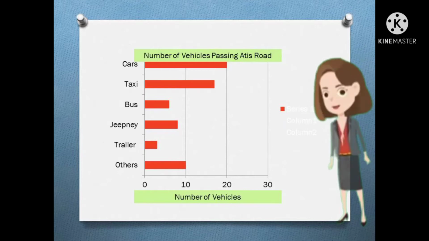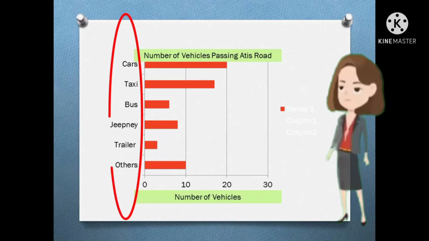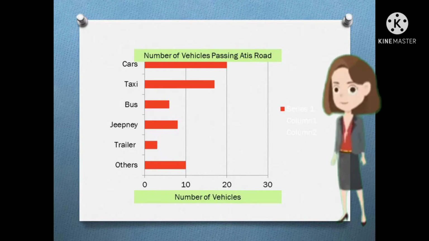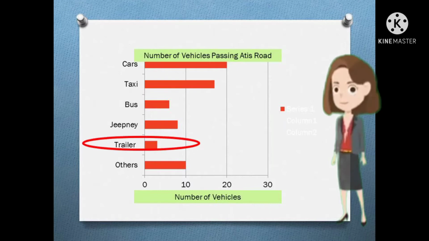The information found on the vertical axis is the types of vehicles. Question number 4. What is the least number of vehicles passing at this road? The least number of vehicles passing at this road is trailer.